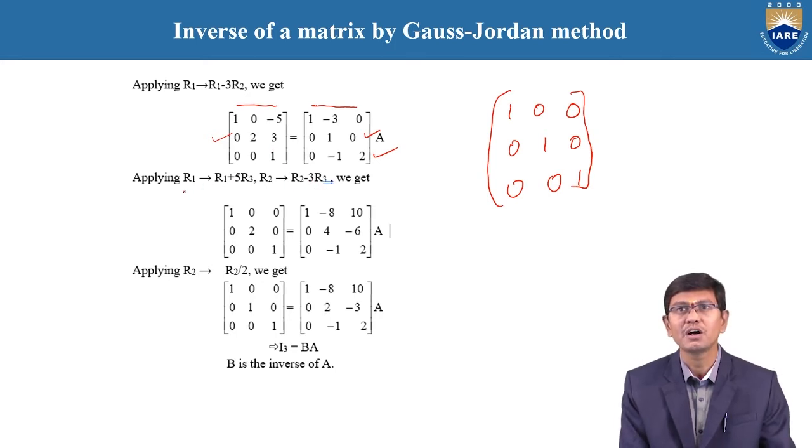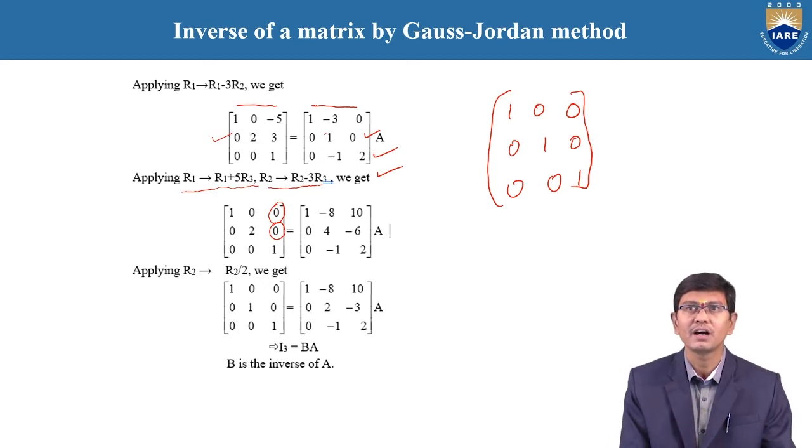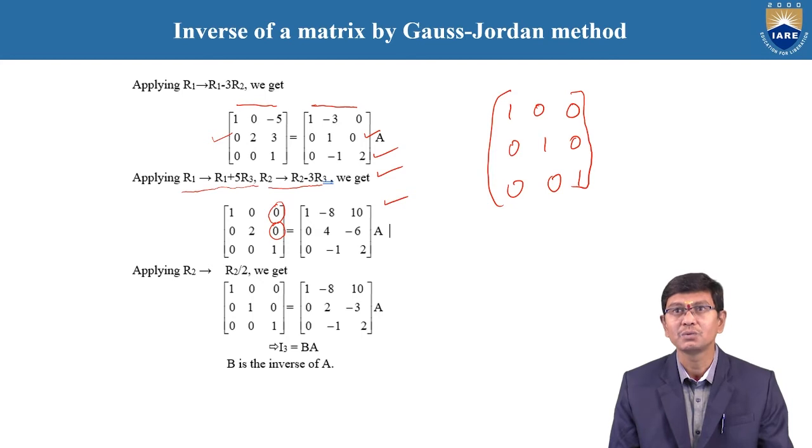Therefore, by using these two operations, R1 equals R1 plus 5R3 and R2 equals R2 minus 3 R3, the minus 5 automatically changes to 0, and the 3 also changes to 0. The same two operations applied on the right side give the first row 1, -8, 10, the second row 0, 4, -6, and the last row 0, -1, 2, which we are not disturbing, because we did not apply any R3 row operation.